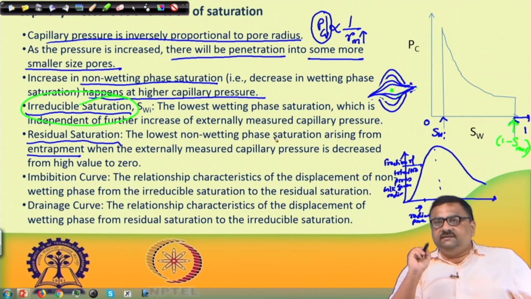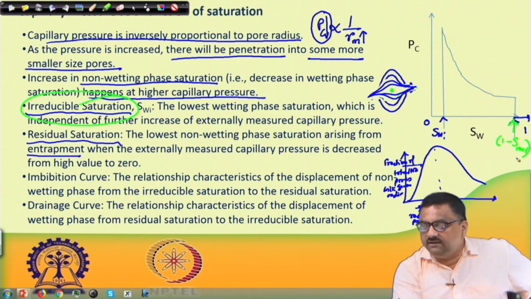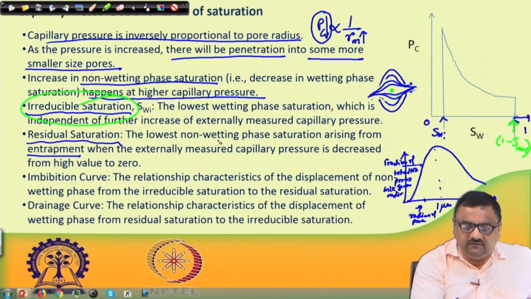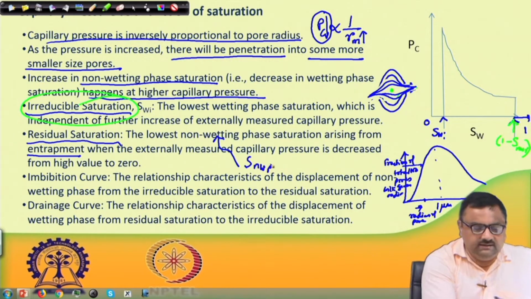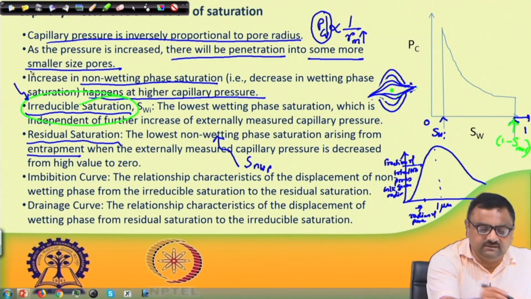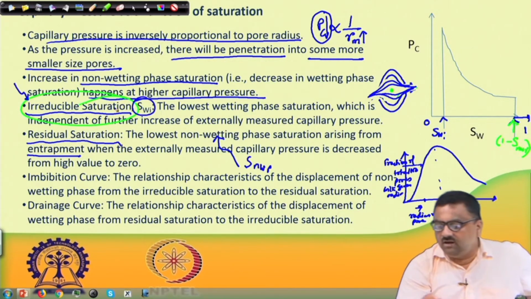At that time, at this other end, there would still be some lowest non-wetting phase saturation existing. That lowest non-wetting phase saturation is SNWR, and this irreducible saturation, already we said, is SWI.